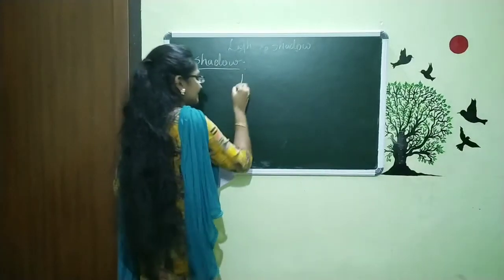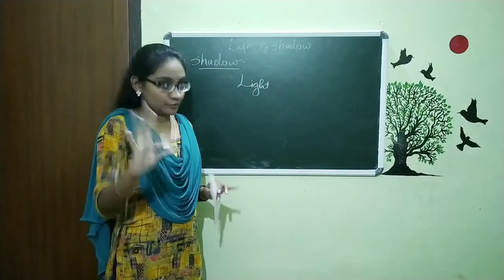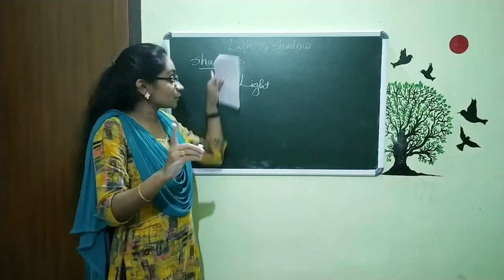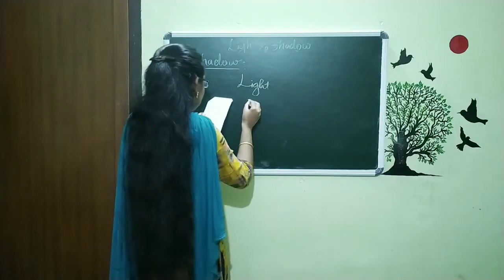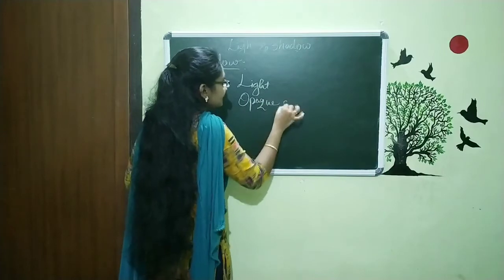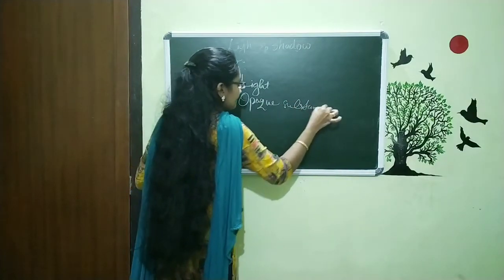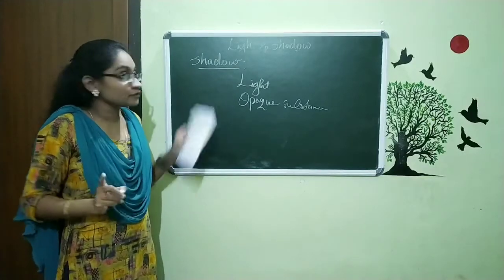One thing is light. If there is no light, no shadow will be produced. So one of the important things to produce shadow is light. The second thing is an opaque substance. I already said that only an opaque substance produces shadow.